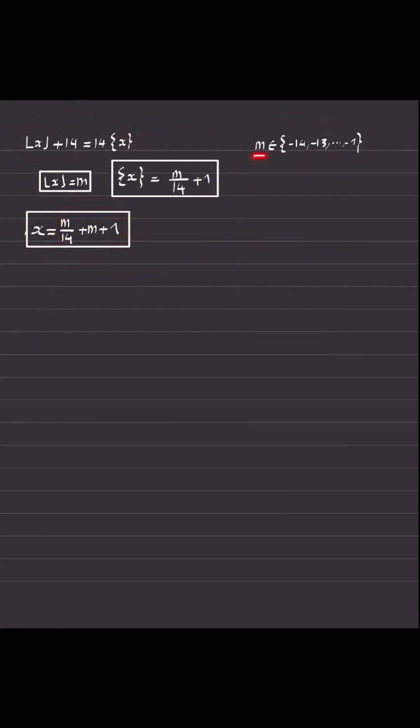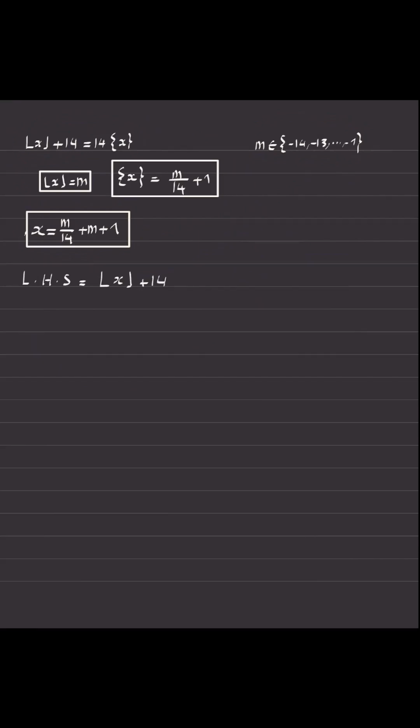Imagine that m is a number chosen from here, and you take that m with you and calculate this x. We want to show indeed this is a solution. How should I do that? I have to put it back into my equation to see that none of these solutions is indeed a false root. So what I will do, I will calculate the left hand side, which is this one, plus 14.